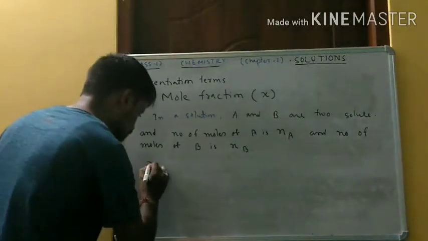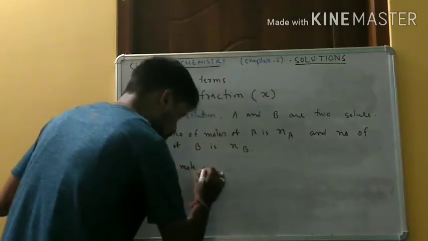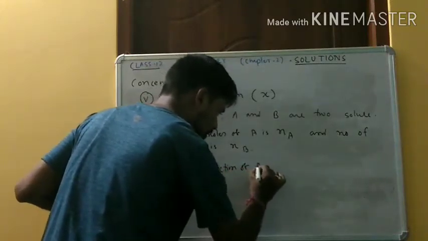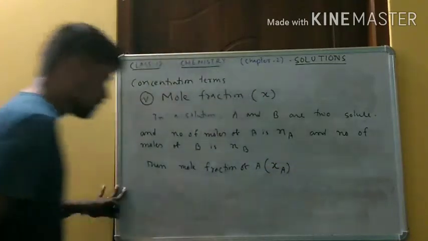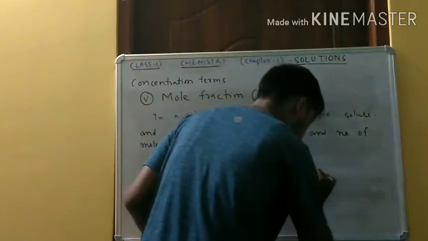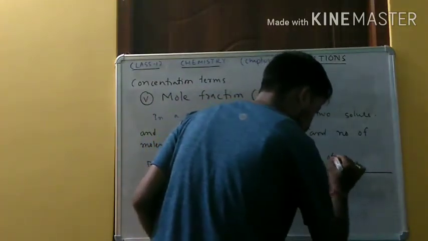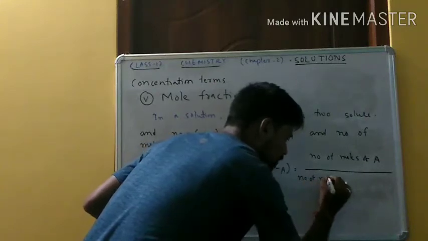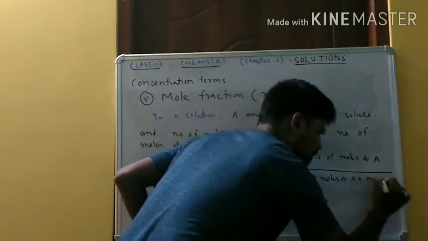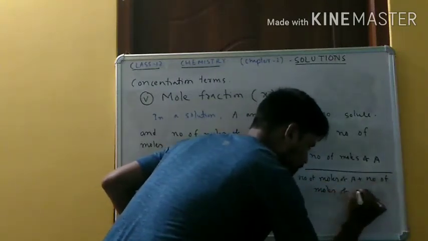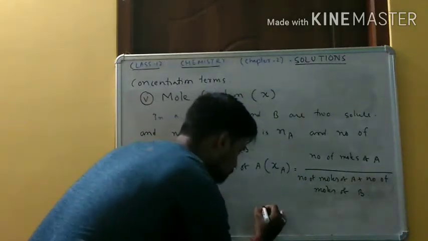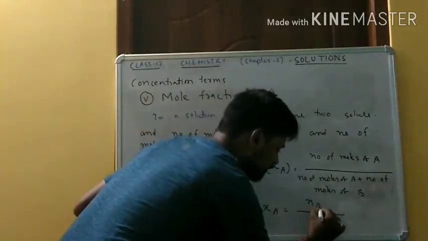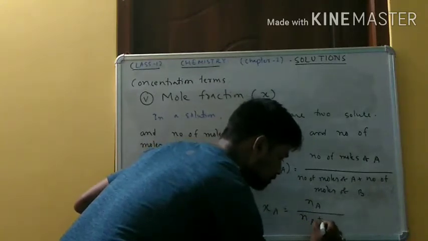Then the mole fraction of A, which can also be written as Xa, will be the number of moles of A divided by the number of moles of A plus the number of moles of B. So Xa equals Na divided by Na plus Nb.